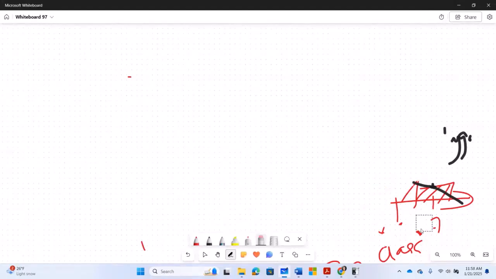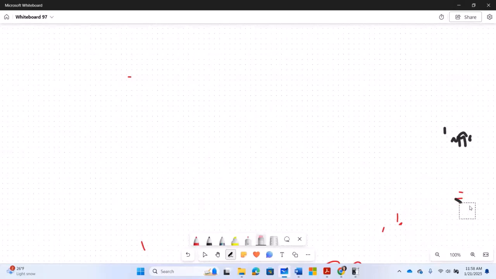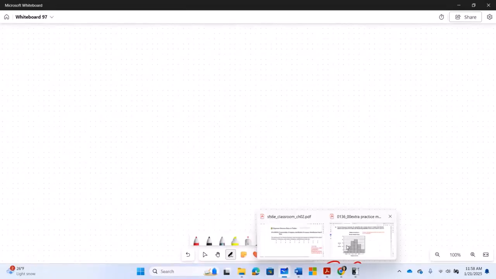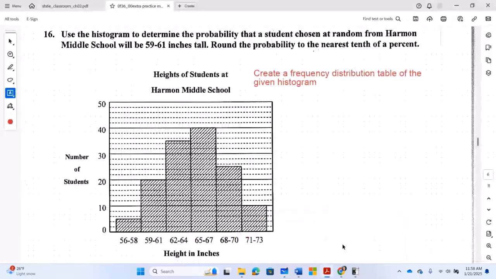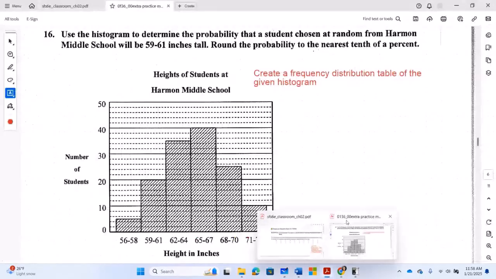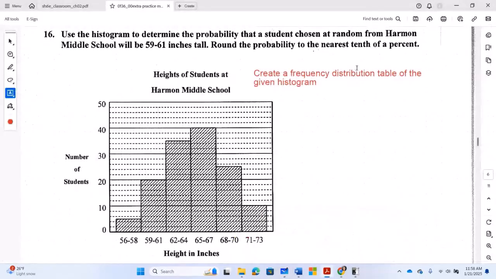It's a dumb data because they didn't give me the raw data. They already manipulated it and did a frequency histogram. Okay, so I'm given a frequency histogram right here, and I have to construct a frequency distribution table from it.